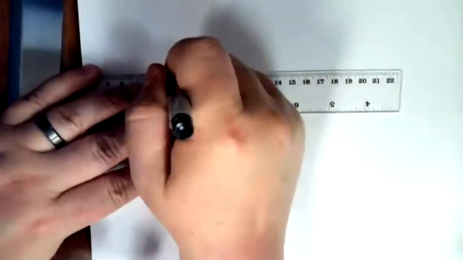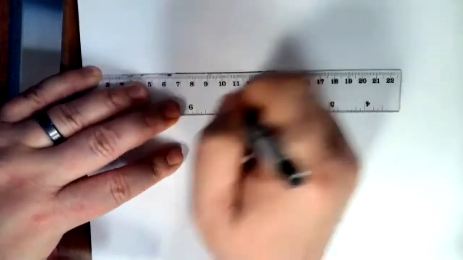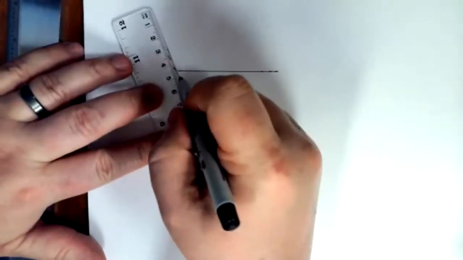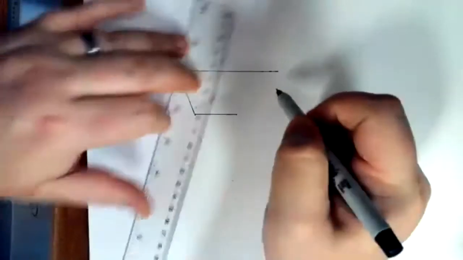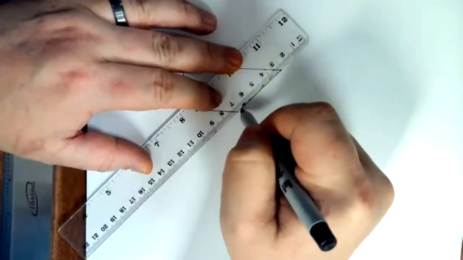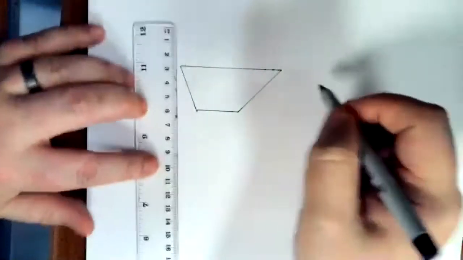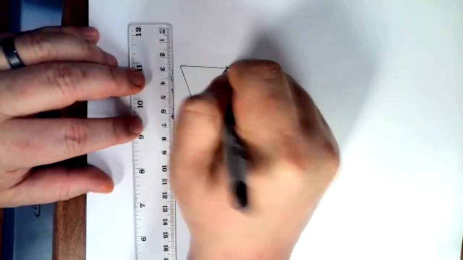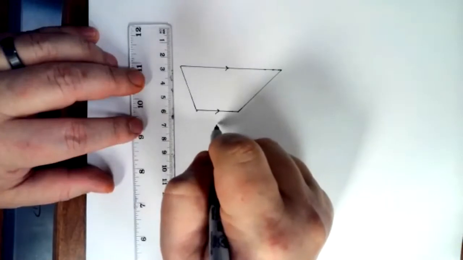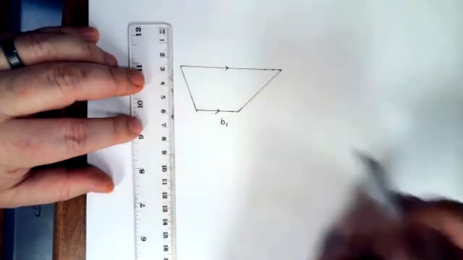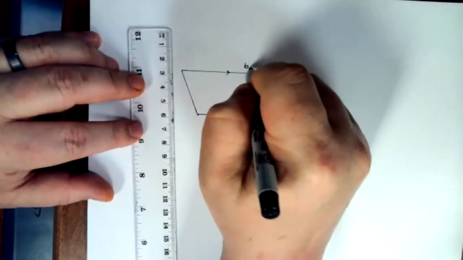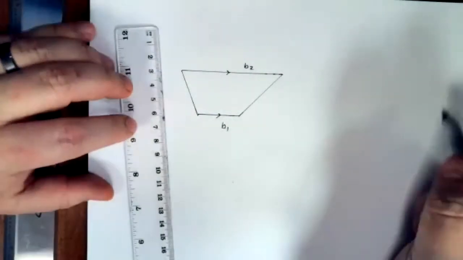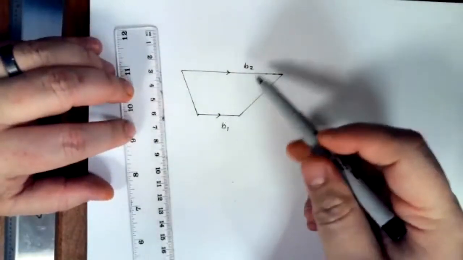So in a trapezoid, and it can be any kind of trapezoid, okay, we have the length, this is parallel. We have the first base and the second base. We have two of them. We have these two different lengths.